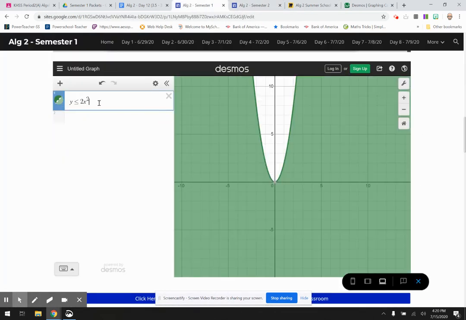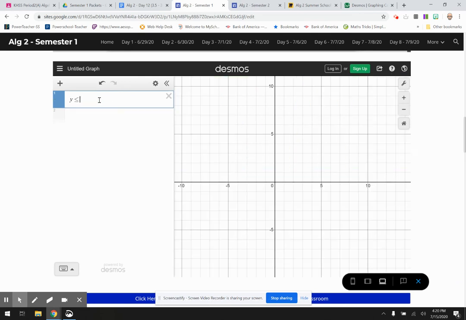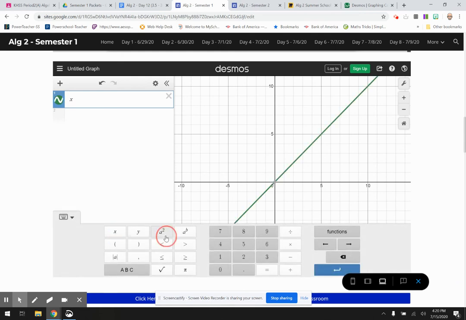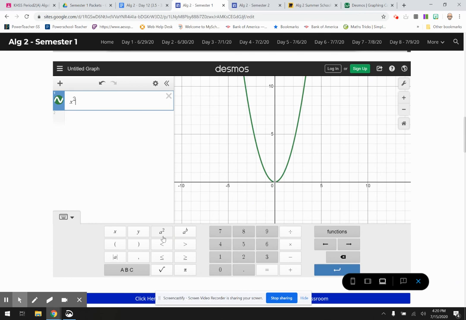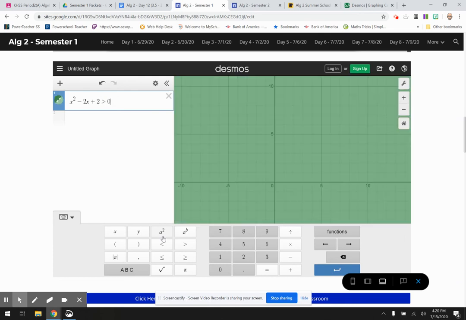So exit out. 13, it'll be x squared. If you want your keyboard, you could hit x squared like that. Minus 2x and then plus 2, greater than 0.